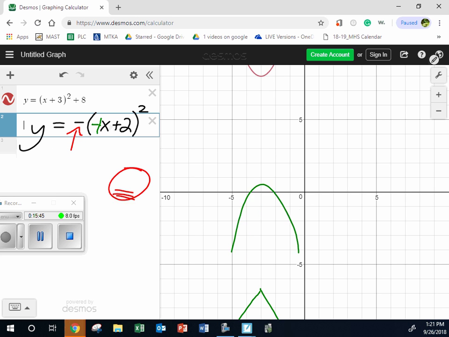Make your prediction about where this thing's going to go, what it's going to do, and then go ahead and try it. Use Desmos, find out what happens.